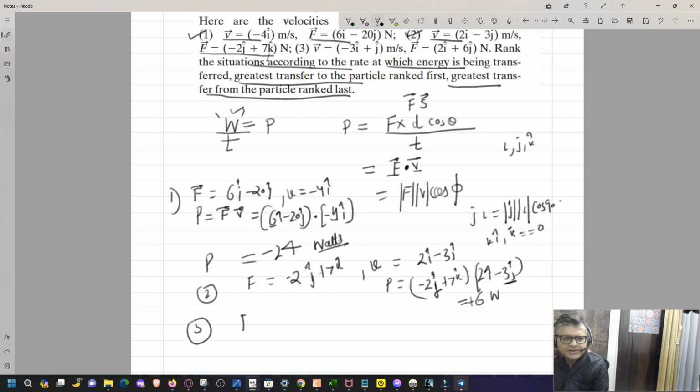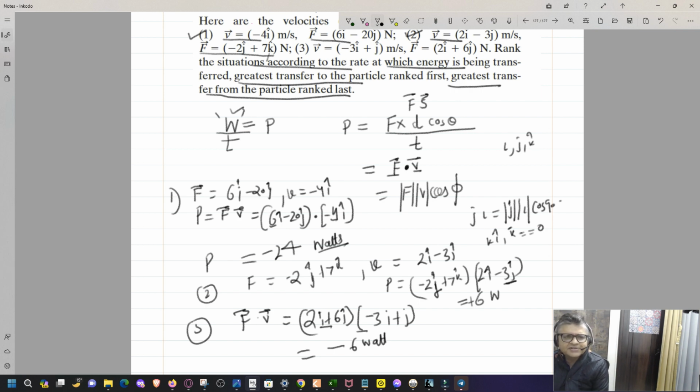So this is F dot V again, and F is 2I plus 6J and the velocity is minus 3I plus J. So this is minus 6 watt. As you can see, we have 3 answers.